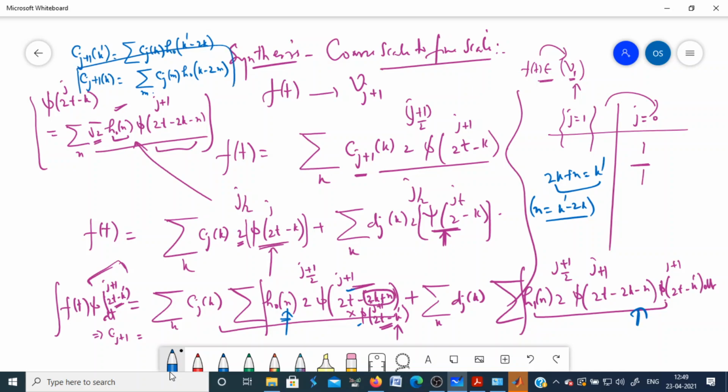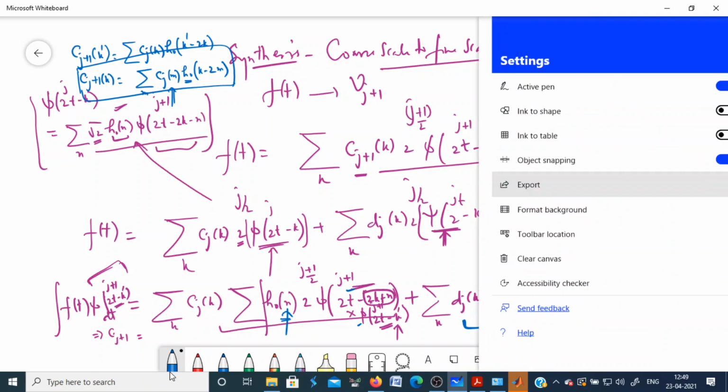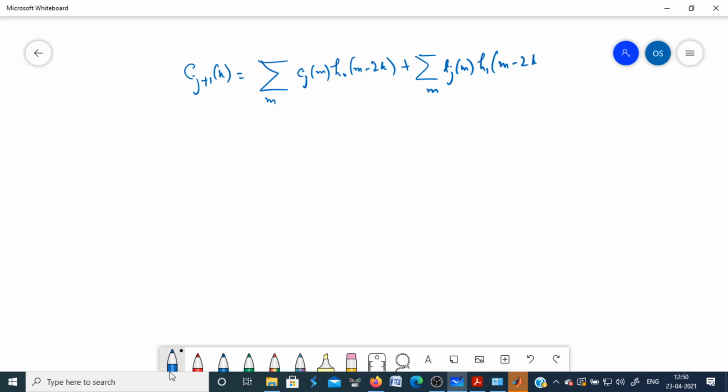So this is now the equation for the synthesis, and similarly you will get another equation here where your Cj will be replaced with dj and h naught will be replaced with h1. So you have now these two equations, and this equation Cj plus 1 of k will be equal to summation over m of Cj of m into h0 of k minus 2m plus another summation of dj of m into h1 of k minus 2m.